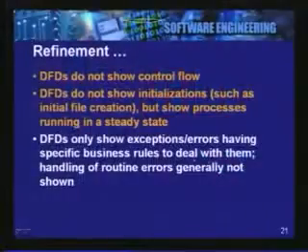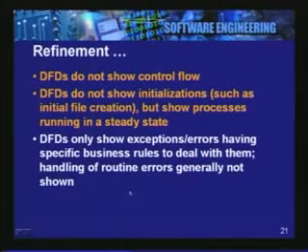So, such exceptions would be shown, but otherwise routine types of errors are generally not shown in the data flow diagram. So, for example, we will not show things like the airline number given by the customer is wrong, or the destination that he has given, no such city exists in our database.